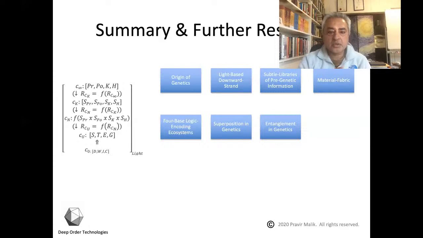Similarly, we have the notion of entanglement in genetics, because when we think about each of these antecedent or more and more subtle layers of light, it's clear that the way that space-time works in any of these subtle layers is very different. For instance, when light's traveling infinitely fast, then everything exists here, everything exists now. So all of reality is present here and now.